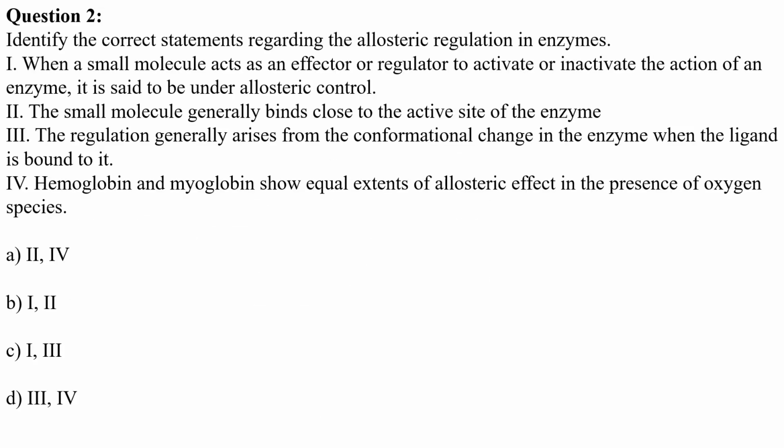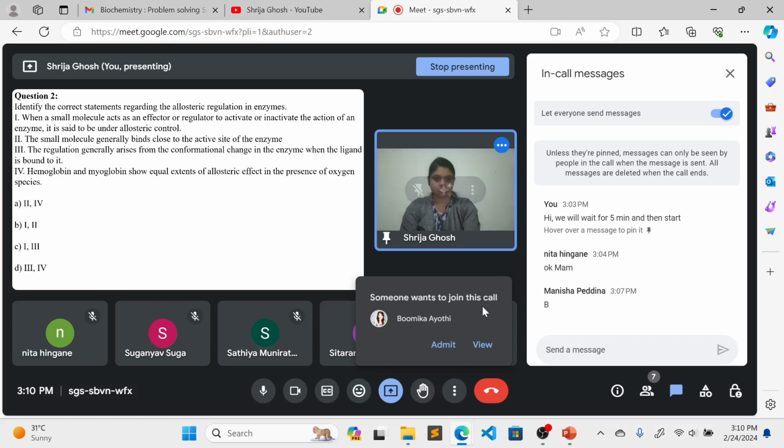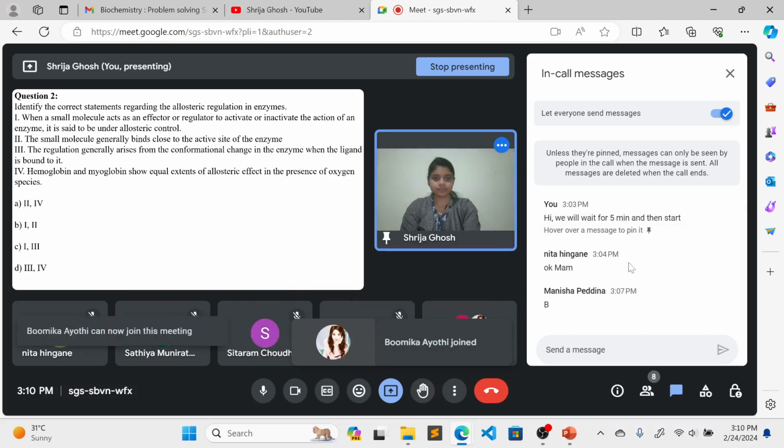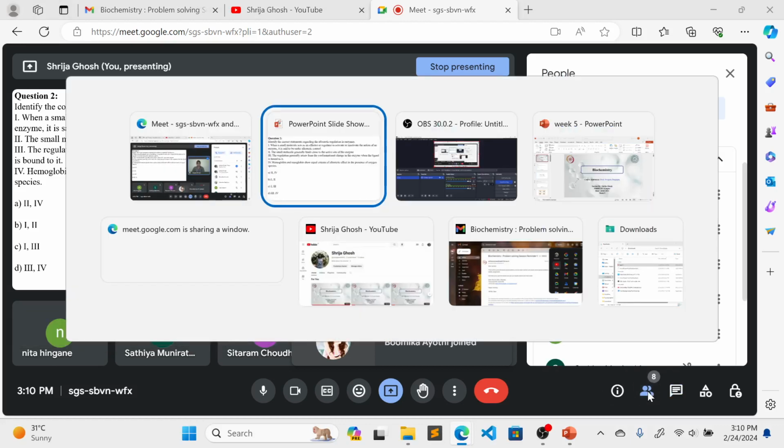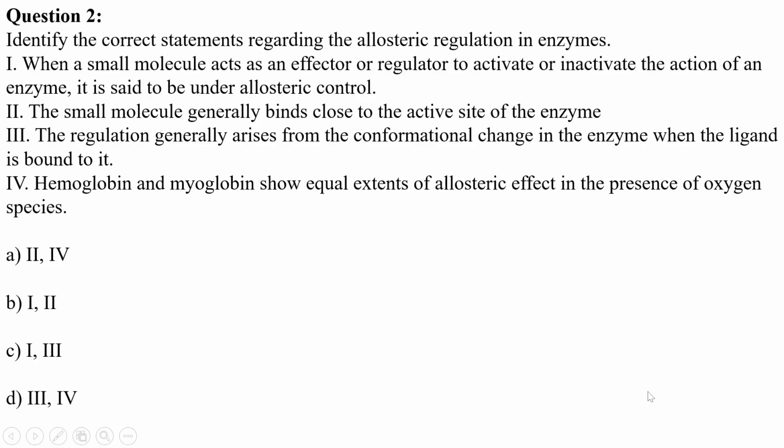Moving to the next question. Identify the correct statements regarding the allosteric regulation in enzymes. First statement: when a small molecule acts as an effector or regulator to activate or inactivate the action of an enzyme, it is said to be under allosteric control.